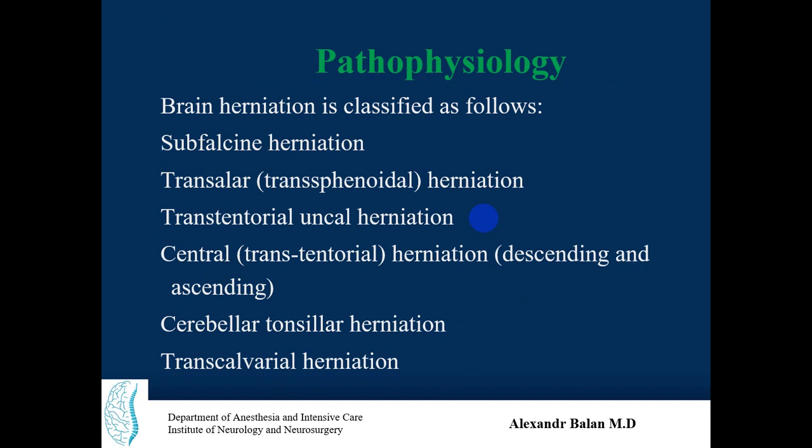Pathophysiology. Brain herniation has five types and includes the following: subfalcine herniation, transalar or transsphenoidal, transtentorial (uncal and central transtentorial, descending and ascending), cerebellar tonsillar herniation, and transcalvarial.